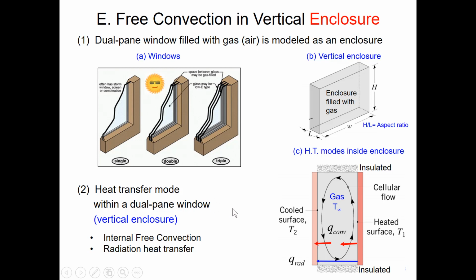Second, the heat transfer mode within the enclosure is free convection between the solid surface and the moving fluid, because this flow is induced by the buoyancy, and radiation between these two solid surfaces at different temperatures.